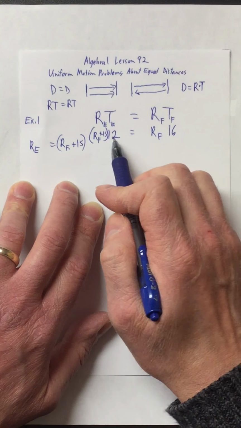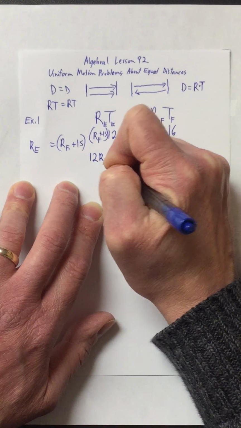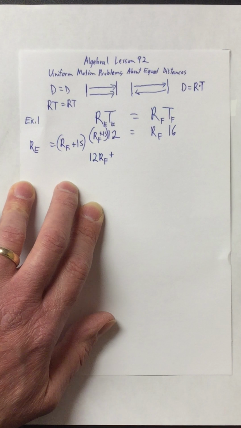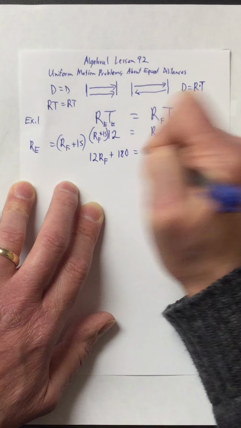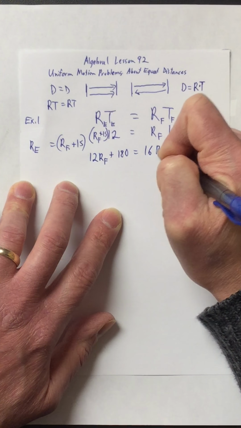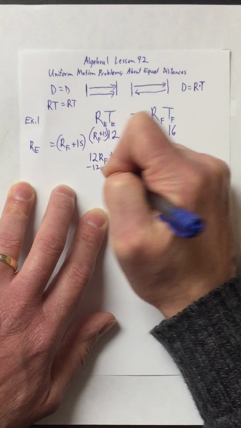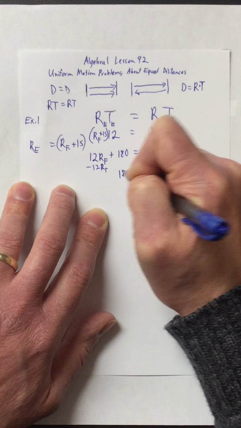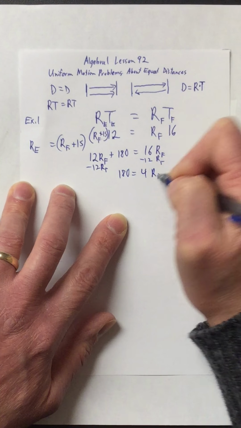Okay, I'm going to remove my parentheses so the 12 gets multiplied by both of these terms. So we get 12 times the rate of the freight train plus 15 times 12, which is 180, is equal to my 16 times the rate of the freight train. Let's subtract 12 times the rate of the freight train from both sides here to be able to eliminate, so I get 180 is equal to 16 minus 12, looks like 4 times the rate of the freight train.